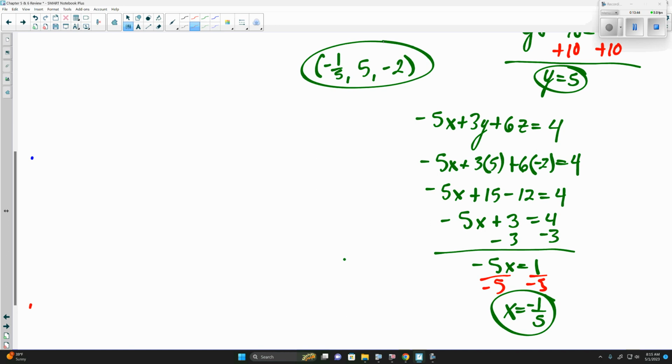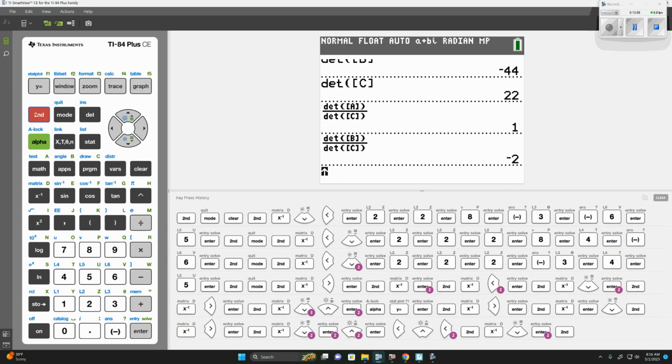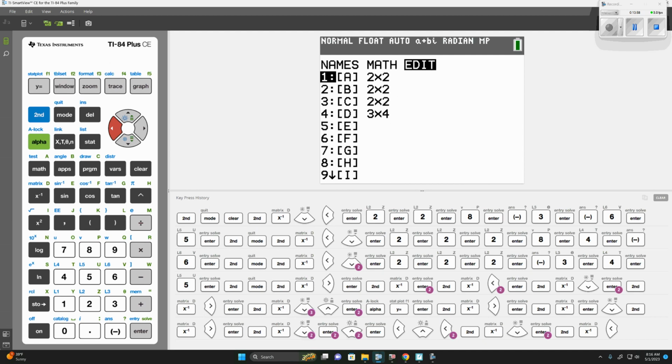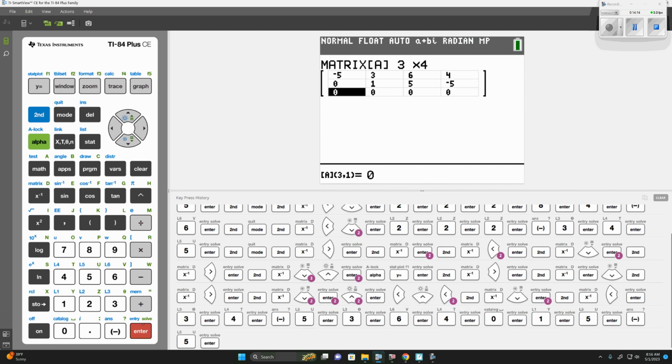Questions on this here? And I mean, we could have done this by RREF. Second matrix, edit, 3 by 4 is what it was. -5, 3, 6, 4, 0, 1, 0, 0, 3.